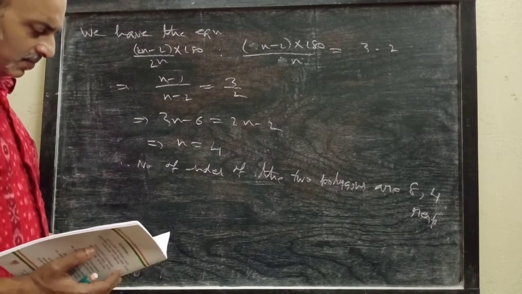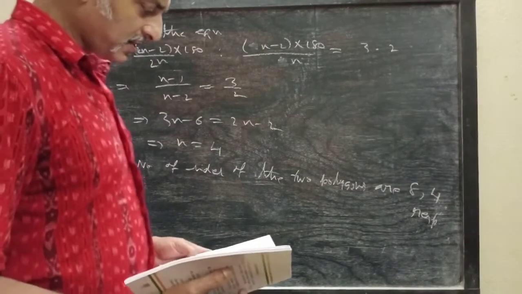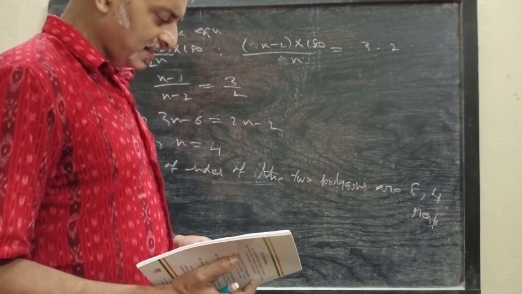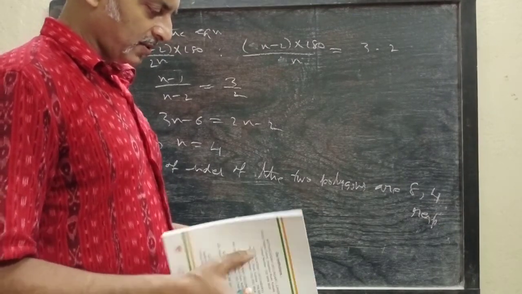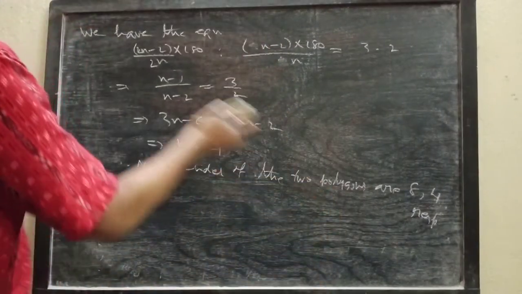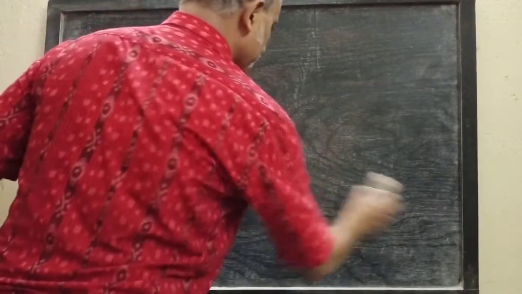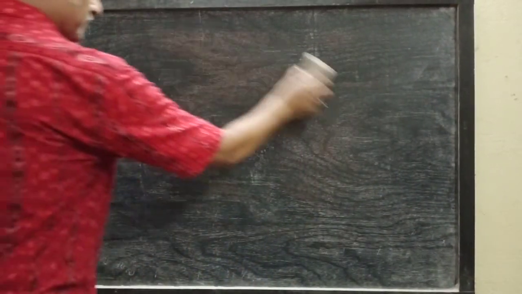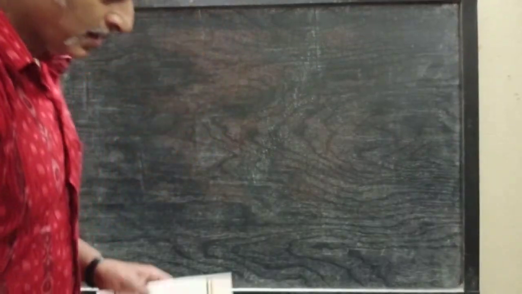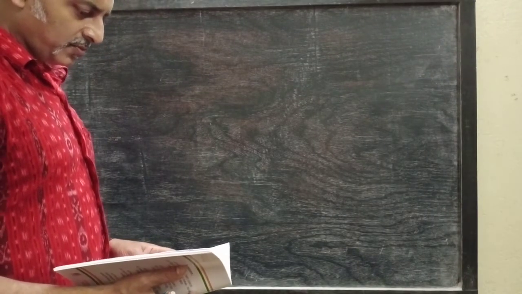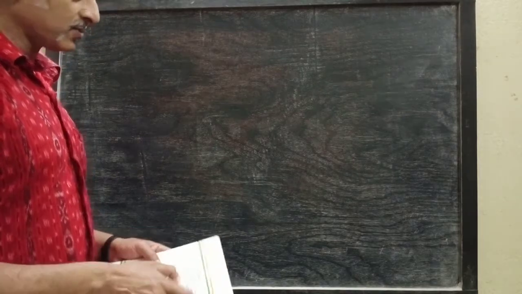Next question: the number of sides of two regular polygons are in the ratio 5:4 and the difference between their angles is 90 degrees. Find the number of sides of the polygons. Here it is given that the number of sides of two regular polygons are in the ratio 5:4.